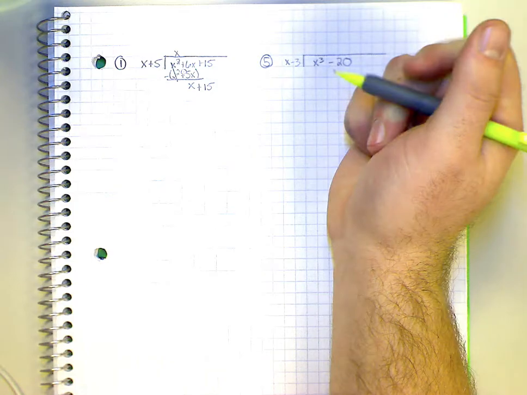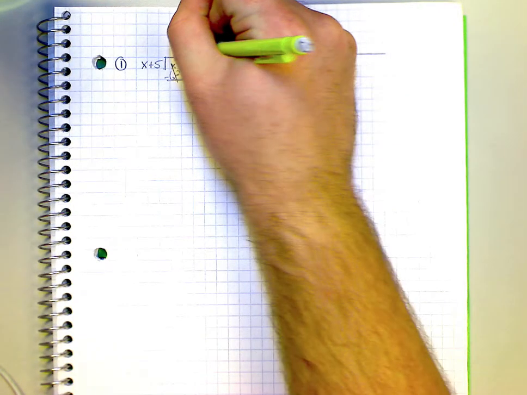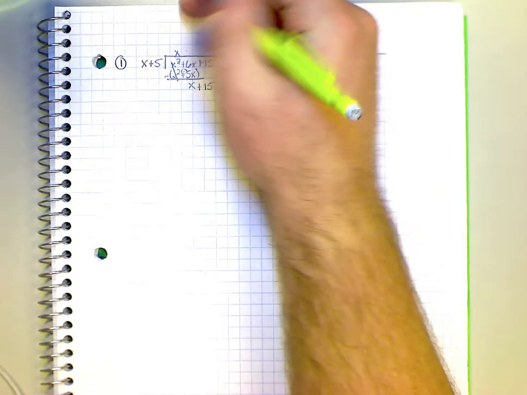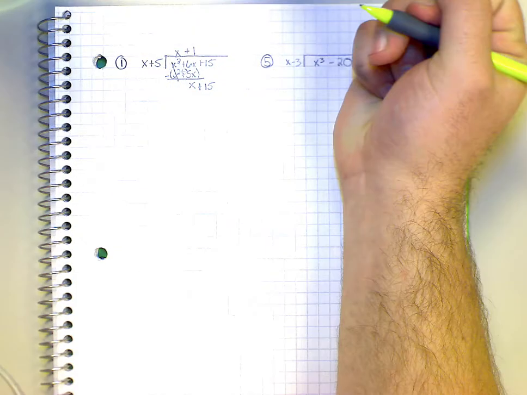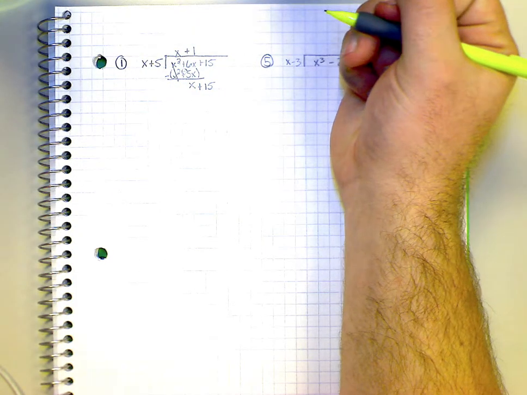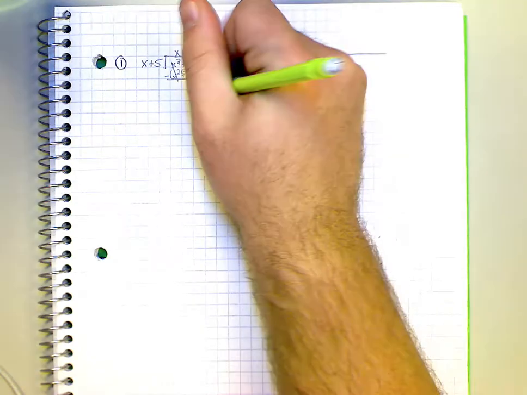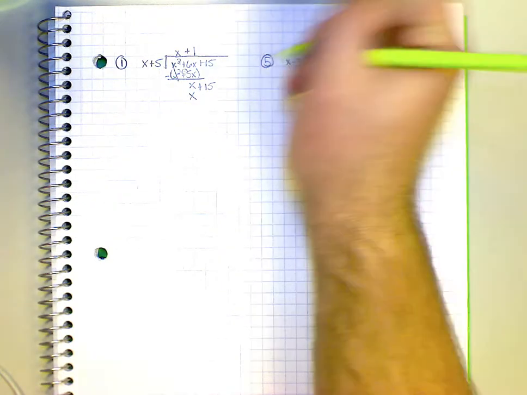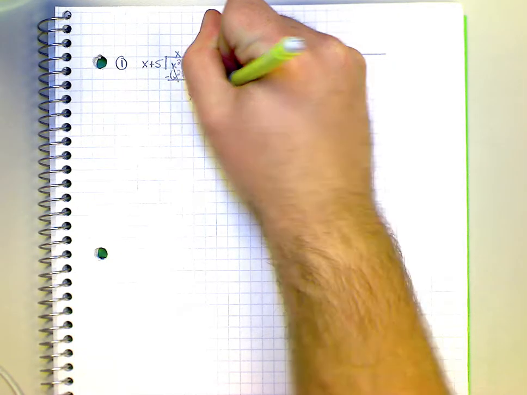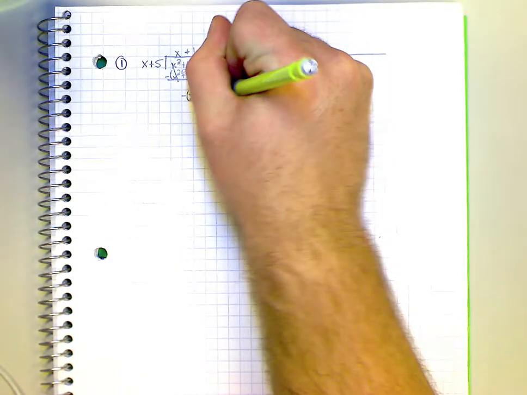If I go ahead and keep going then, I'm going to look, what do I need to multiply x by to get x? Well, that's just itself, so I just need to multiply by 1. When I do that, I can then take 1 and multiply it by x, gives me an x. 1 times 5 is going to give me a 5. Then again, I'm going to subtract that line.